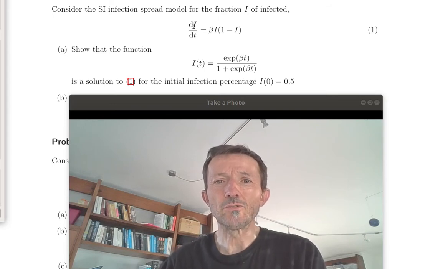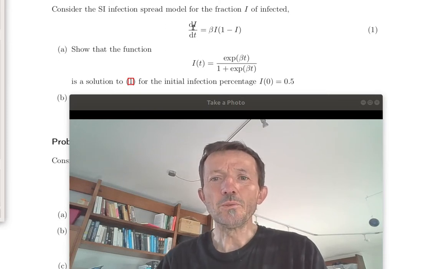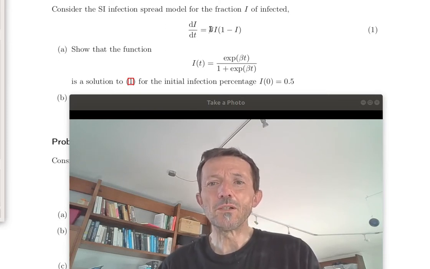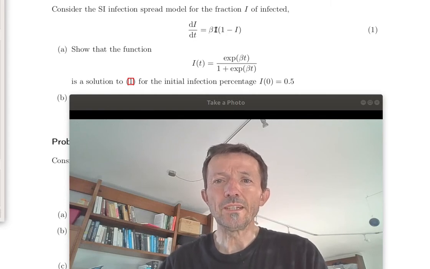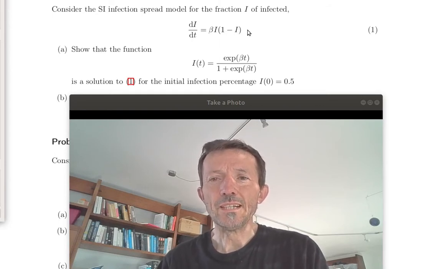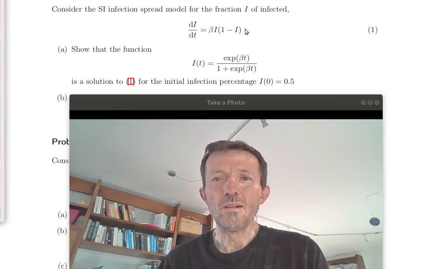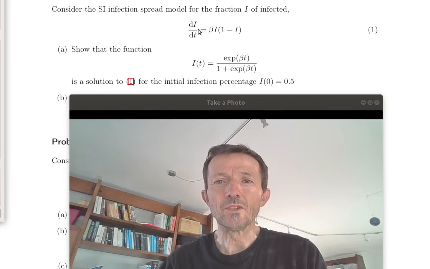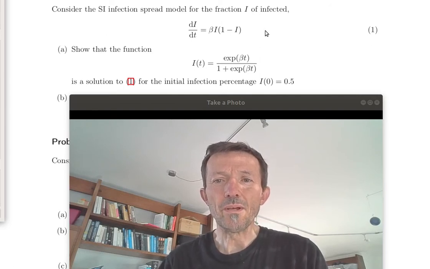It's just the change rate of the fraction of infected, a fraction between 0 and 1, equals the infection rate, this is the model parameter, times the number of infected itself, so that would be an exponential curve, but then it gets saturated after some time, and that's the factor 1 minus I. So obviously if I equals 1, that means everybody is infected, there's no further infection possible, and the change rate equals 0. So now the first problem A.